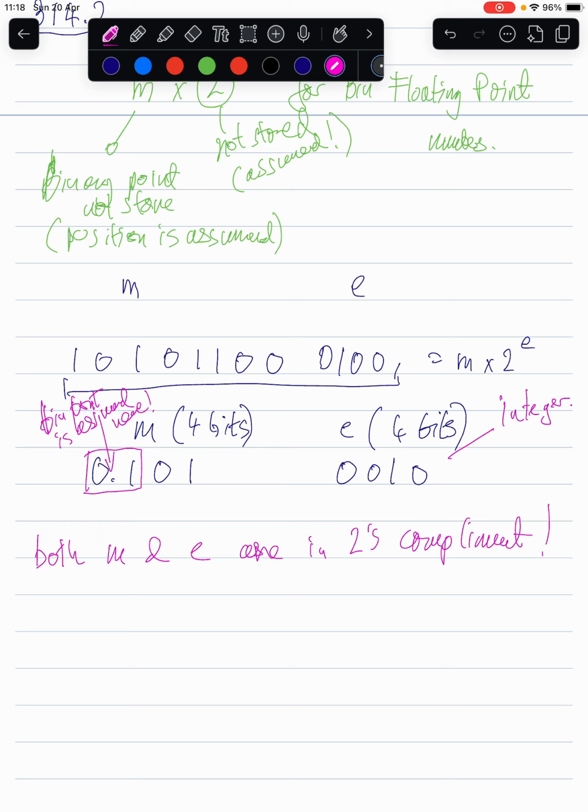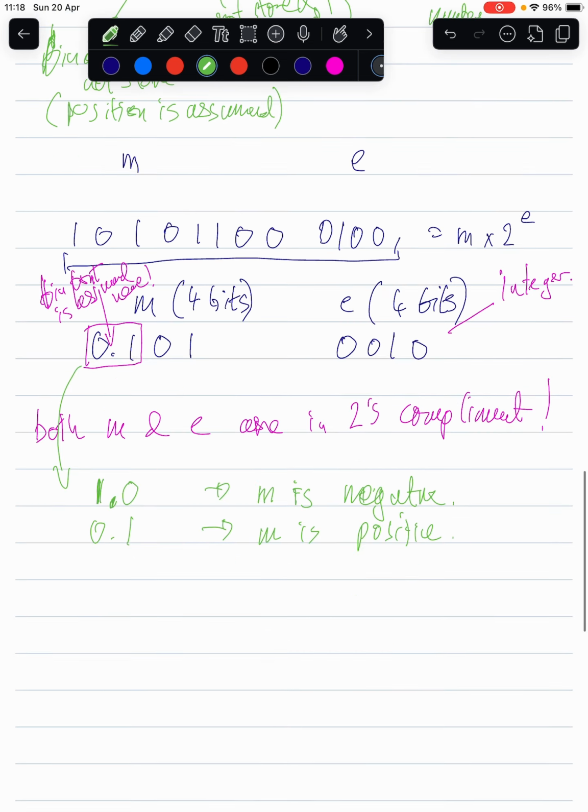Now, what I want to tell you is that if this position starts with a 1.0, and it can only do it if it starts like that, then that must mean that the mantissa is negative. If it starts with 0.1, then the mantissa is positive.